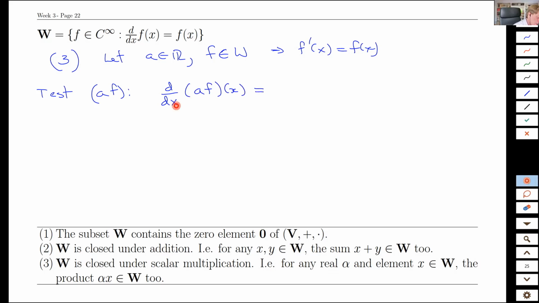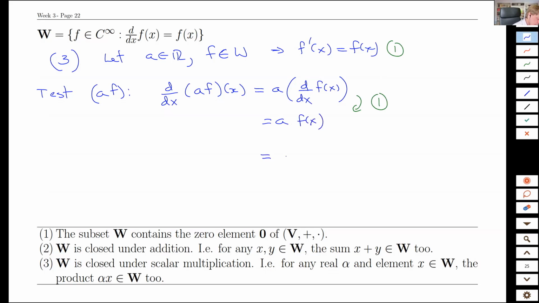Well, what do we know about derivatives? We know a few things. I can bring the A out front, and we would call that A times the derivative of f of x. We're allowed to take scalar multiples out front and work with that. And so, oh, but wait, let's call this equation 1 again here. By equation 1, that is exactly the same as the original function.